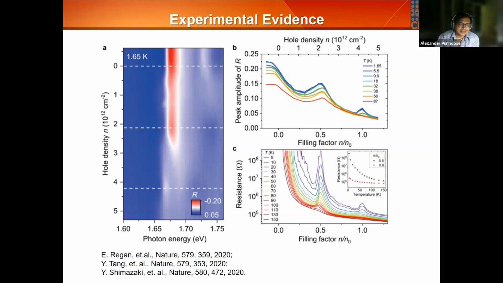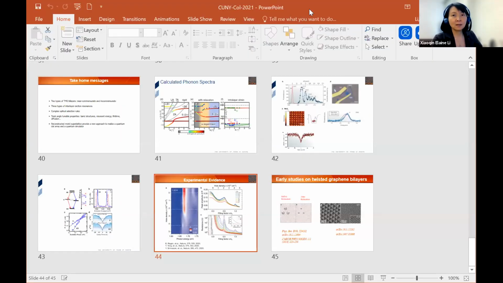Also, the domain sizes, are they big enough that they don't create intervalley scattering? I think we have very little knowledge about how intervalley scattering is happening in this.